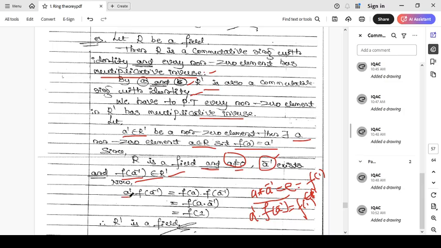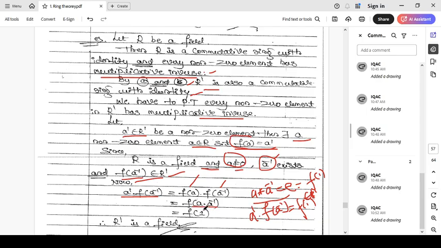So consider A dash into f of a inverse. A dash, we have as f of a over here. So f of a into f of a inverse. And now according to the homomorphism, I can write f of a into a inverse. a into a inverse is nothing but 1, right? Why? Because R is a field, and R being a field means R has identity, where 1 is the identity element.